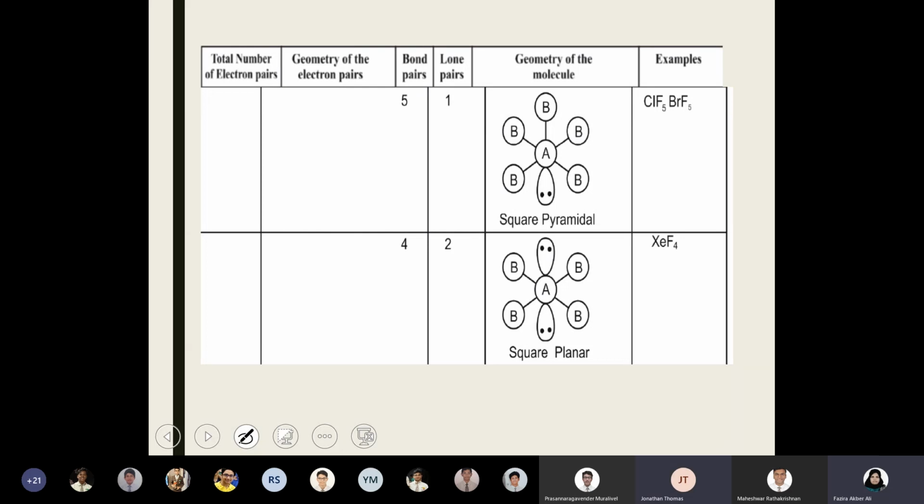That is why we look at bond angles only in small examples like H2O, NH3, etc. For examples with 5 or 6 electron pairs, we are not generally learning the exact bond angle, but you can say there will be a decrease in the bond angle. That is the concept you should know. The presence of lone pair always forces the bond pairs to come closer.